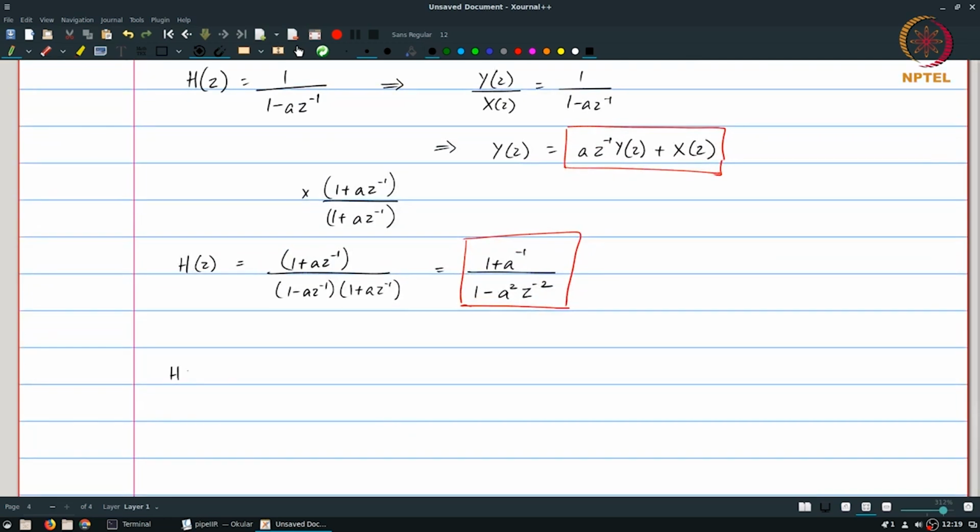I could also have written H of z as 1 plus a z inverse plus a squared z to the power minus 2, and by expanding out that term in the denominator, I will find that I get 1 plus a z inverse plus a squared z to the power minus 2 by 1 minus a cubed z to the minus 3.